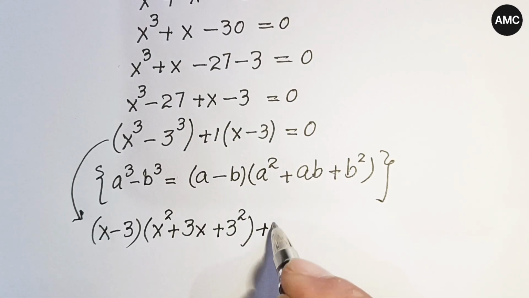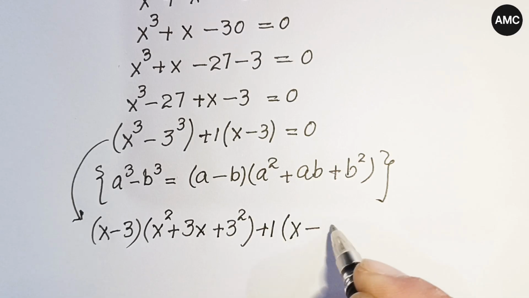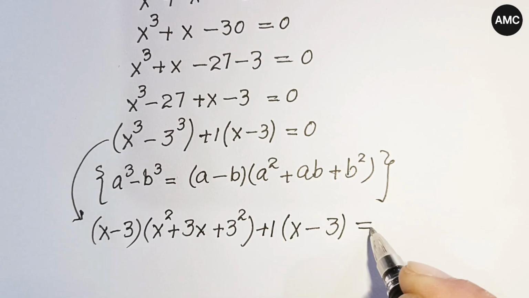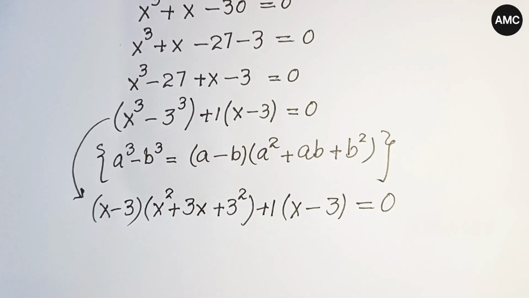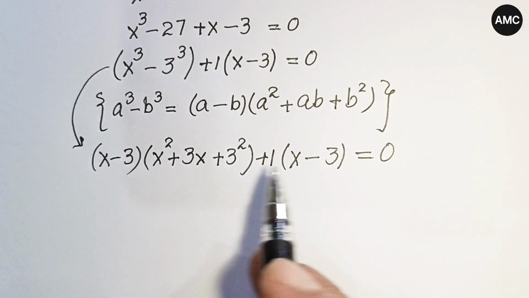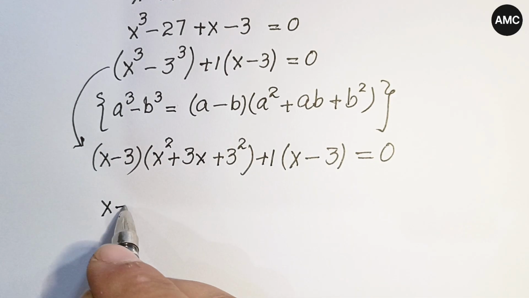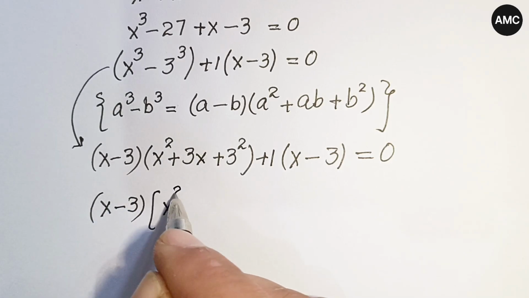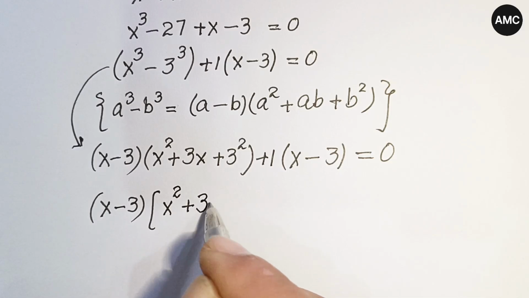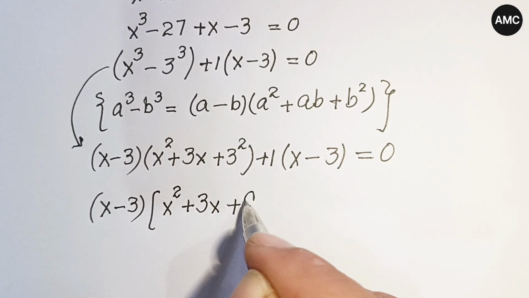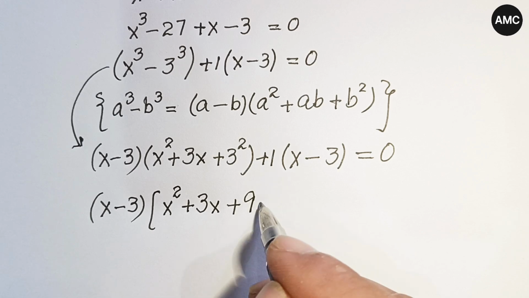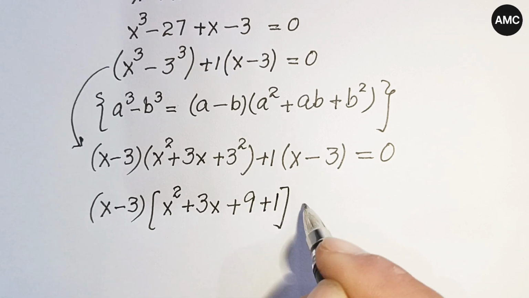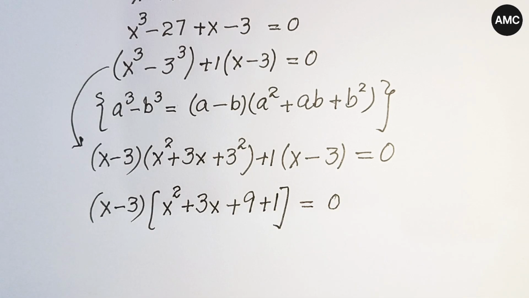Here we have plus 1 times (x minus 3) is equal to 0. Now x minus 3 is a common factor, so taking it outside the bracket, we will get x squared plus 3 times x plus 3 squared is 9, and here we will get plus 1 is equal to 0.